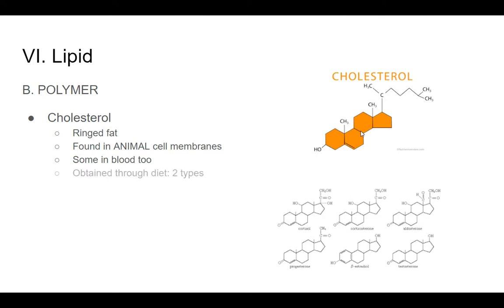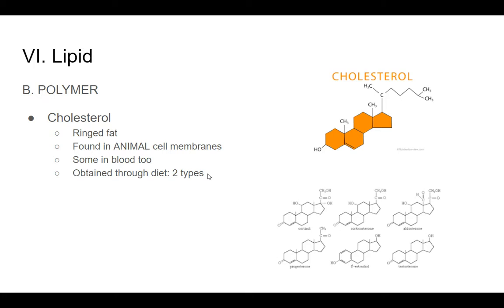They are obtained through our diet. And so think about if they are found in animal cell membranes and we eat them through our diet, what kinds of animals or animal products are you consuming? The meats and the other animal products contain this cholesterol, and that's how you get cholesterol into your body.